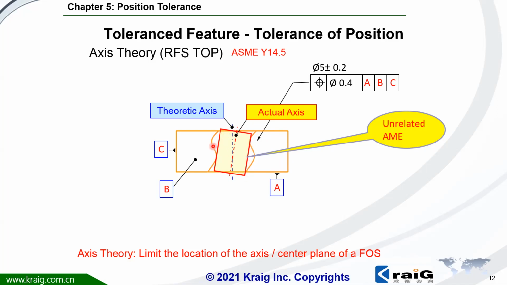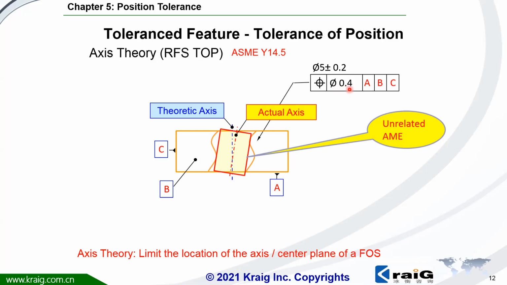Even if this hole is deformed, we're going to construct an AME. What is AME? The maximum inscribed cylinder here. This is the AME, and it has a straight axis here. This straight axis is the tolerance feature of this position tolerance.